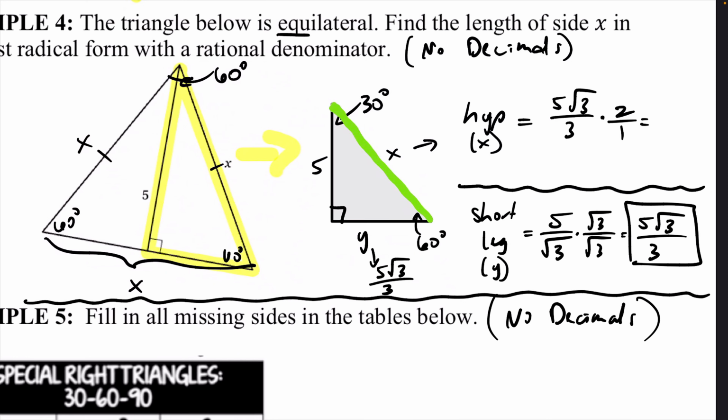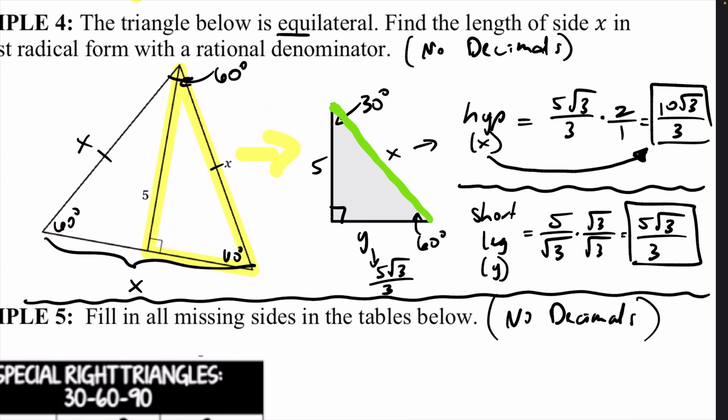So I multiply straight across. 5 times 2 is 10, square root of 3. The bottom is just 3. And there's the hypotenuse. That's about as hard as they get. Okay, that's about as hard as they get.